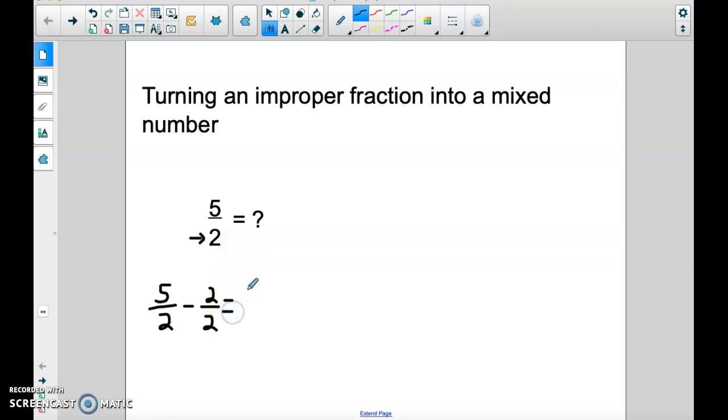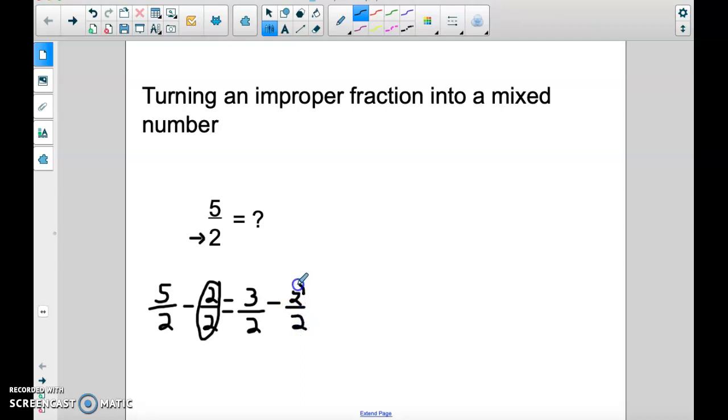So now I'm left with 3 halves. And that's still improper because even though I took away one whole, my numerator is still bigger than my denominator. Does that make sense? So then I can take away another whole, which again is 2 over 2.